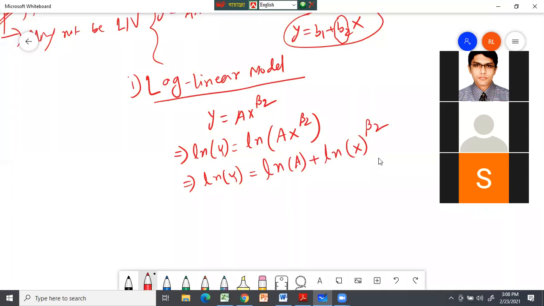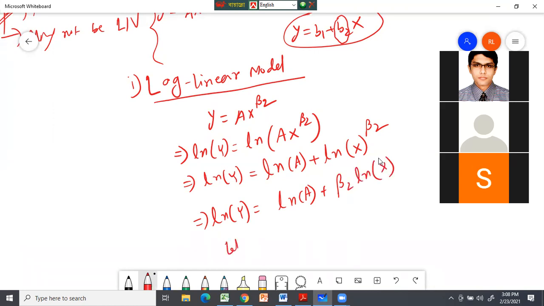Okay, like this. And then you know that when there is an exponent on the value in front of the log, then the exponent will come in front of the log. So beta 2 will be here.